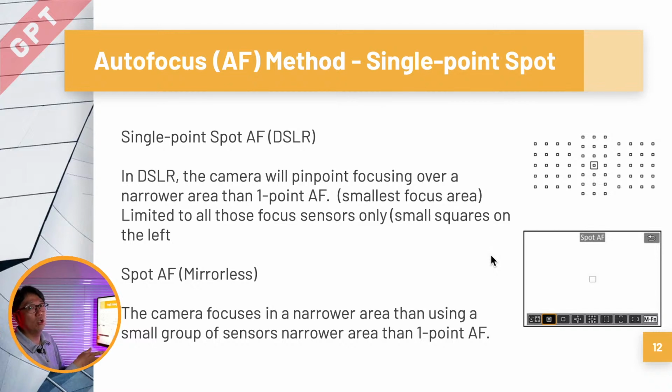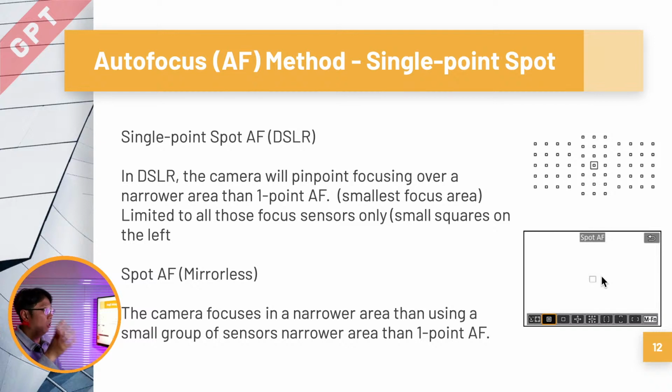This is only good for something behind a tree. If you want to focus on someone playing football on the field, should you use this one? No. The reason is you might point at the person's face, not the eye. So this will tend to focus on the face, not the eye, if you have not used the box to cover the person's eye.